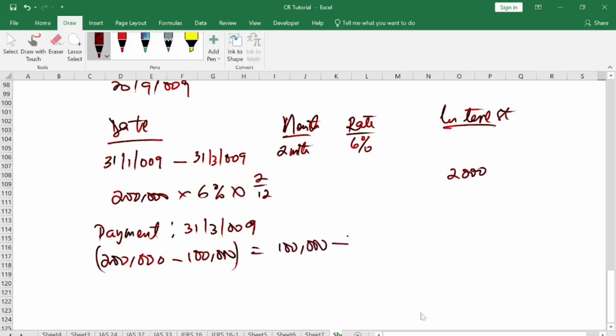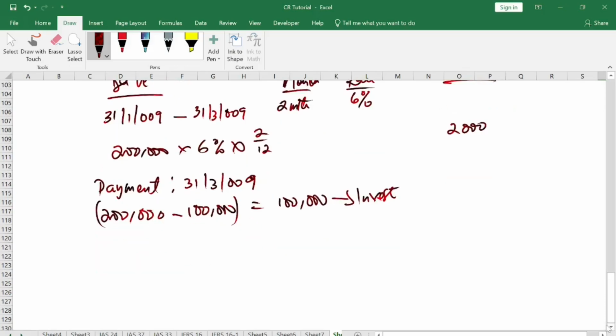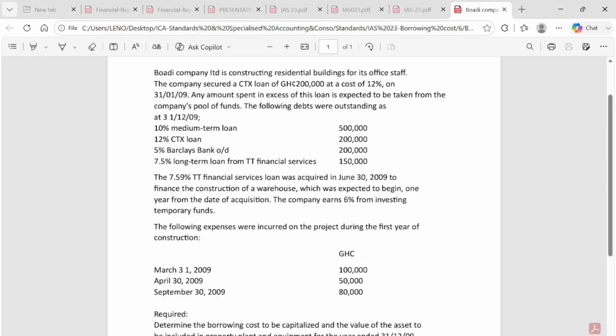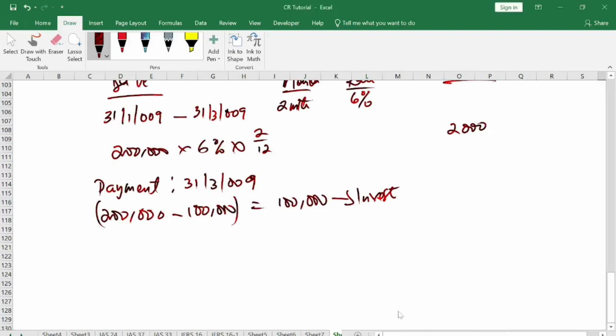And they say to invest this money on 31st March. You invested this money in March, and in April the next payment was made. So you calculate your interest again, from when the investment was made, 31st March 2009, to the next payment on 30th April 2009.